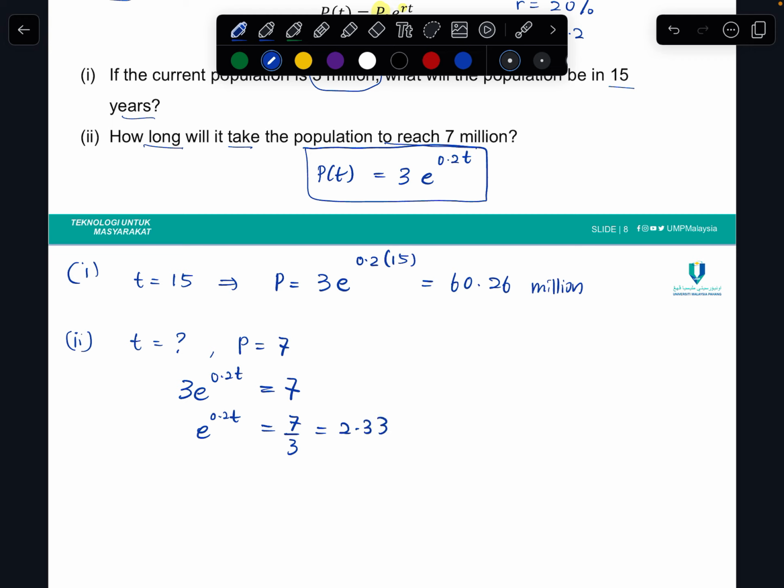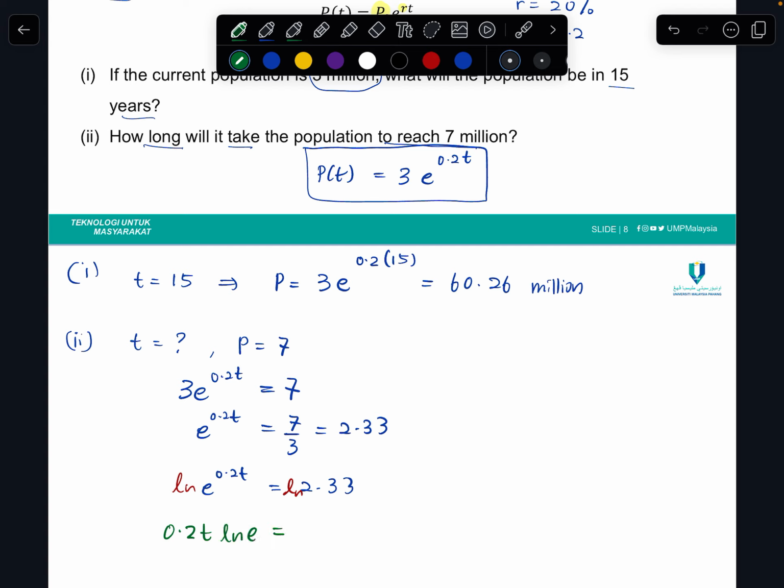Now since we have this form, the single term for left and right hand side, now you can put ln on both sides. That means the exponent can be put in front, so it becomes 0.2t ln e.